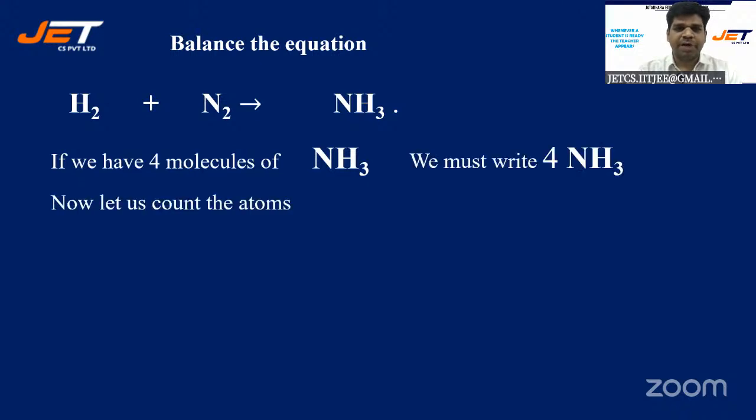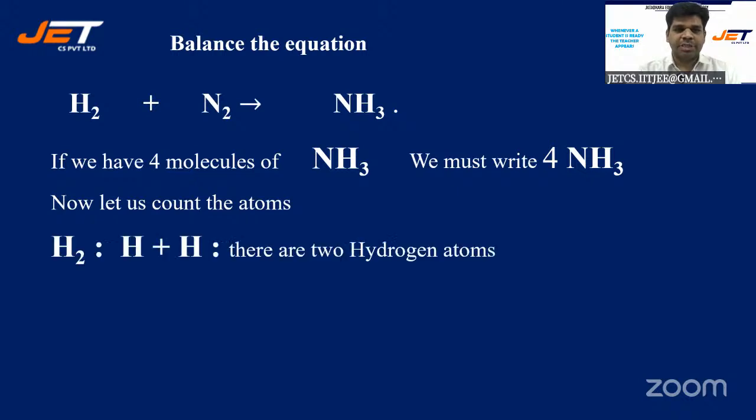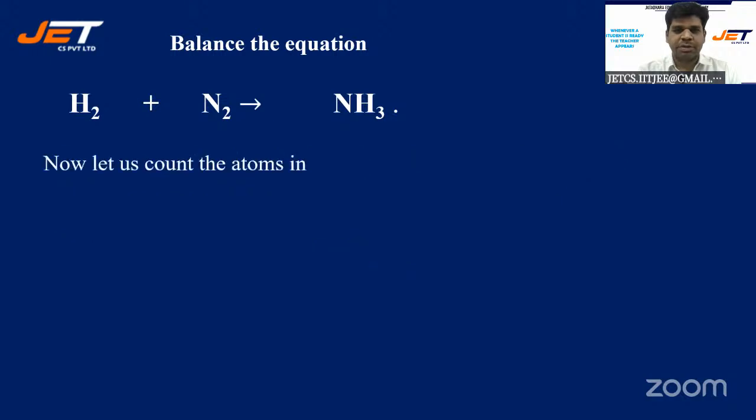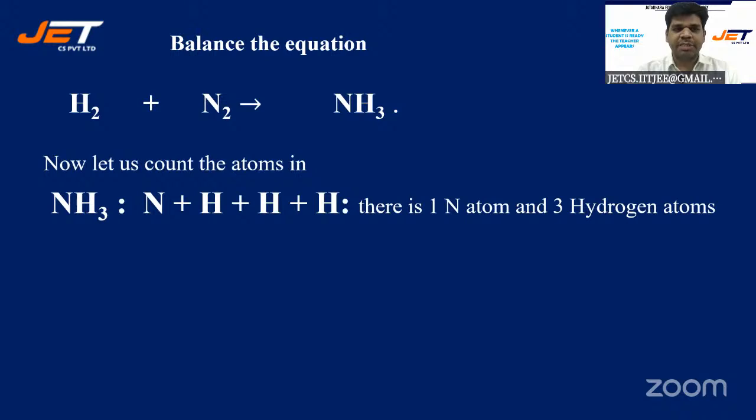Now let us count the number of atoms we have written. H2 has got 2 atoms, H plus H. 2H2 has got 2 molecules of hydrogen, H2 plus H2, that is H plus H plus H plus H, which is 4 atoms of hydrogen. Now let us count the atoms in NH3.